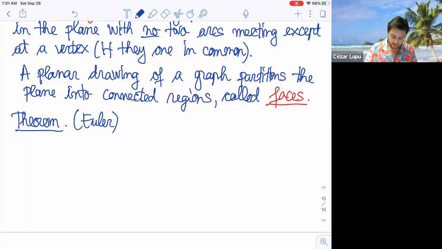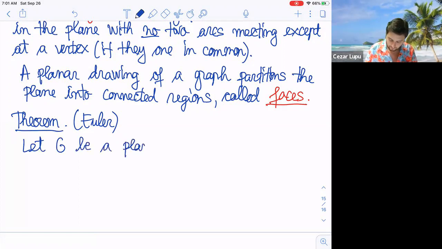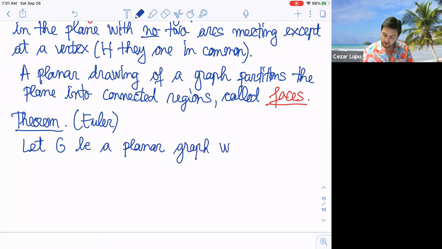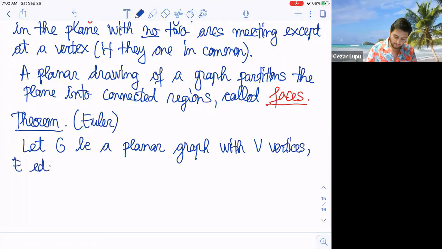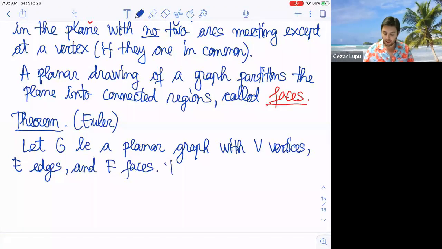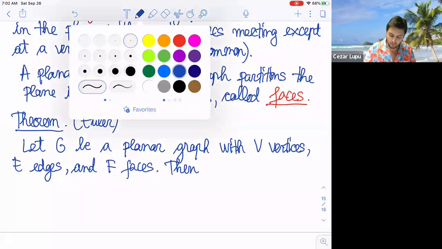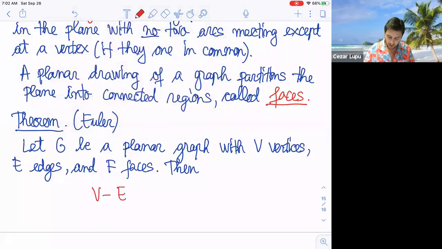And the theorem says the following: if I have a planar graph, so let G be a planar graph with V vertices, E edges, and F faces. Then we have this remarkable formula, which says that V minus E plus F equals 2.